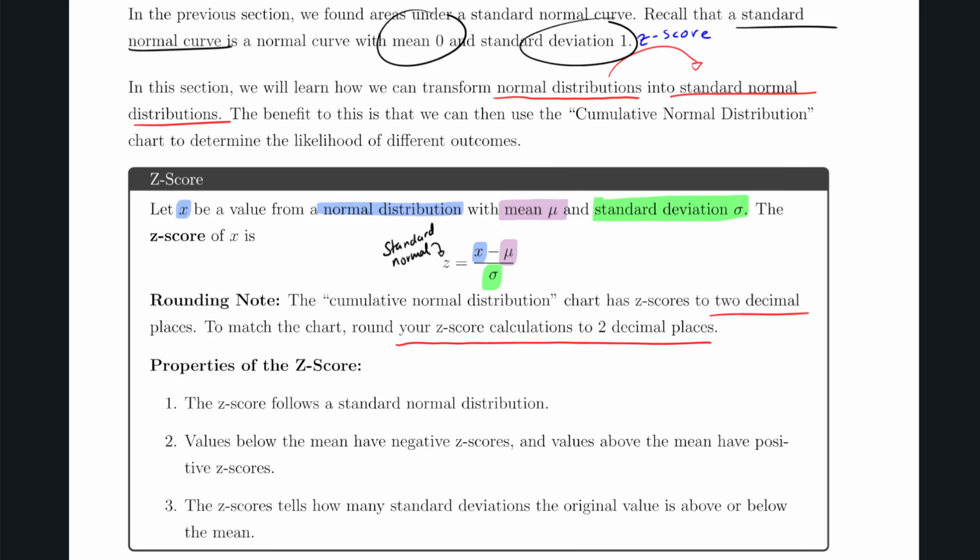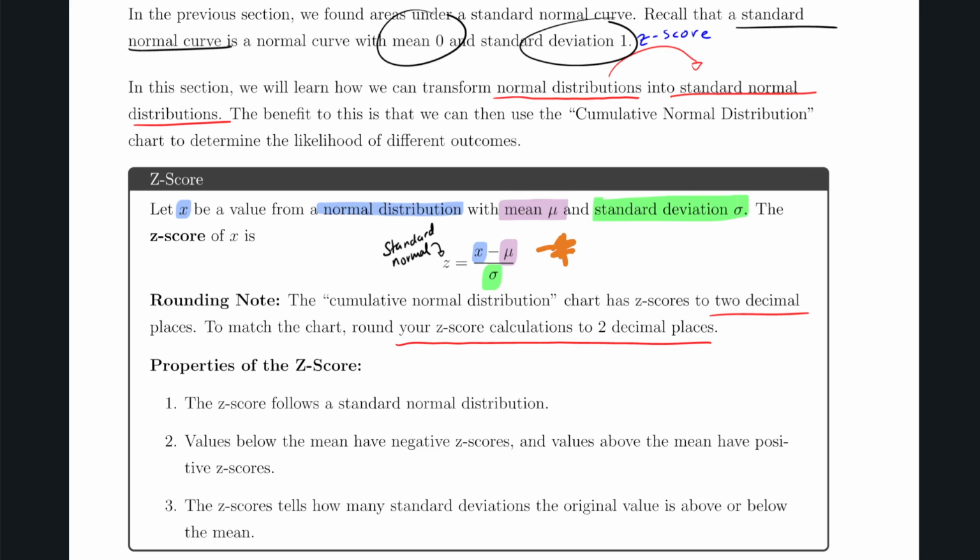Now we're about to start calculating and using this, but let's just go over a few properties first. The z-score is our standard normal distribution. This is why we go through the effort to do this, because then we can use the cumulative normal distribution chart. We know values below the mean will have a negative score, and that makes sense because if I have a value and I subtract a larger mean, smaller number minus larger number is a negative number.